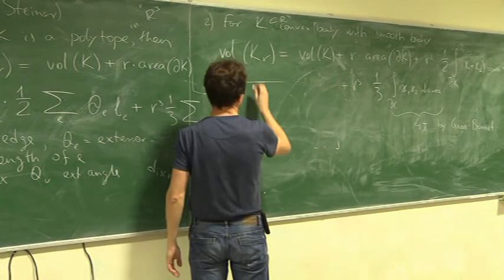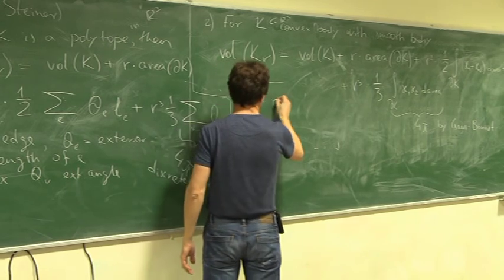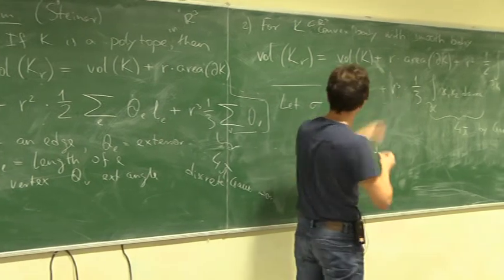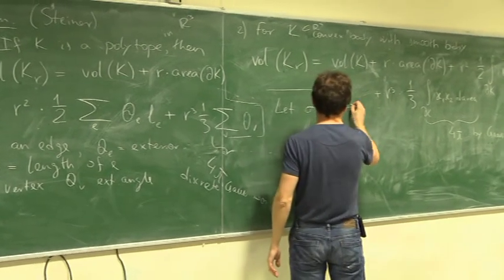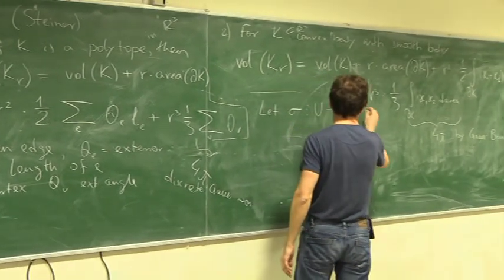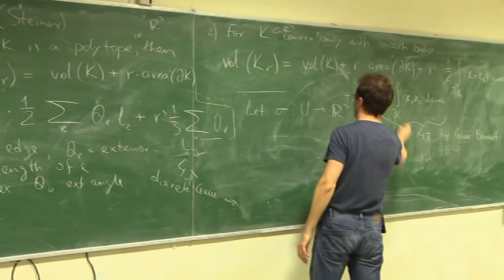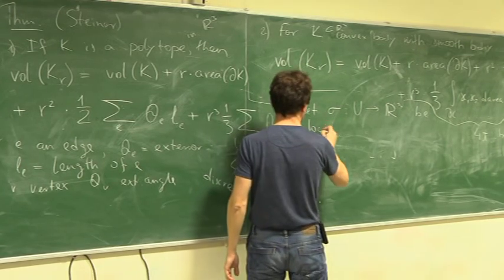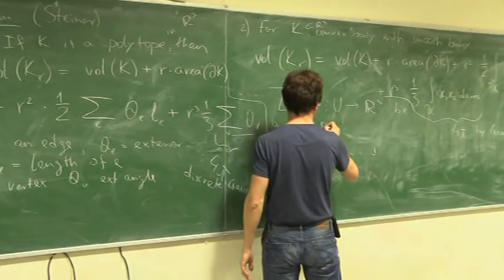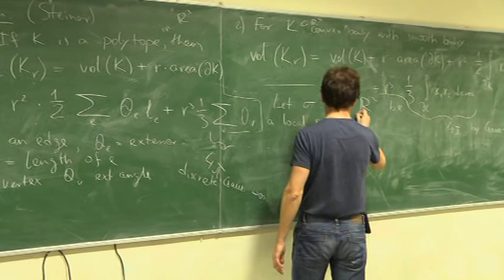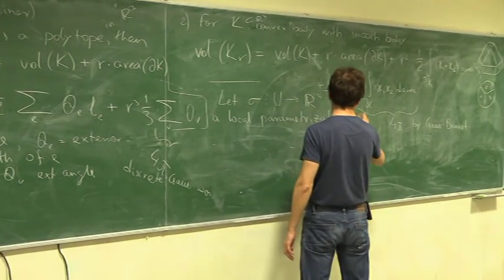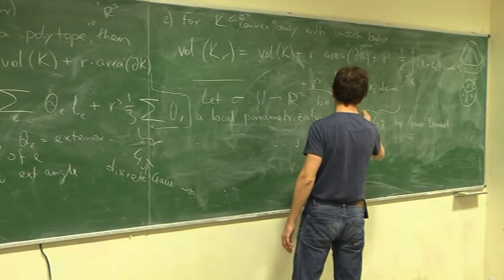So for this we take any local parameterization of the boundary of K.